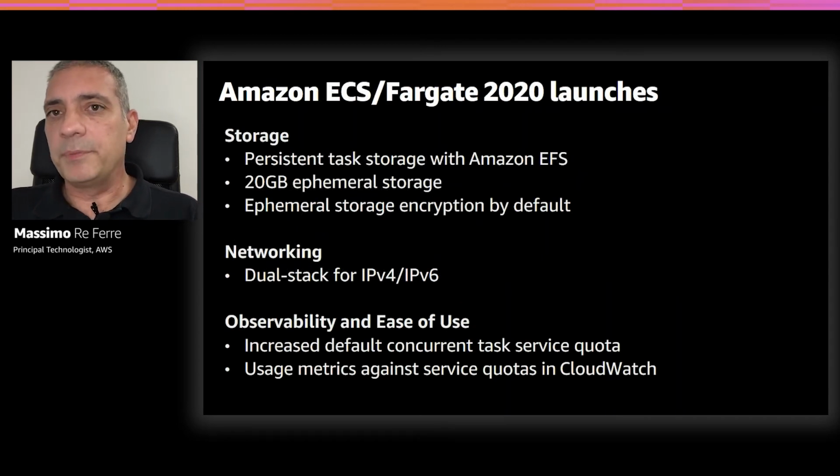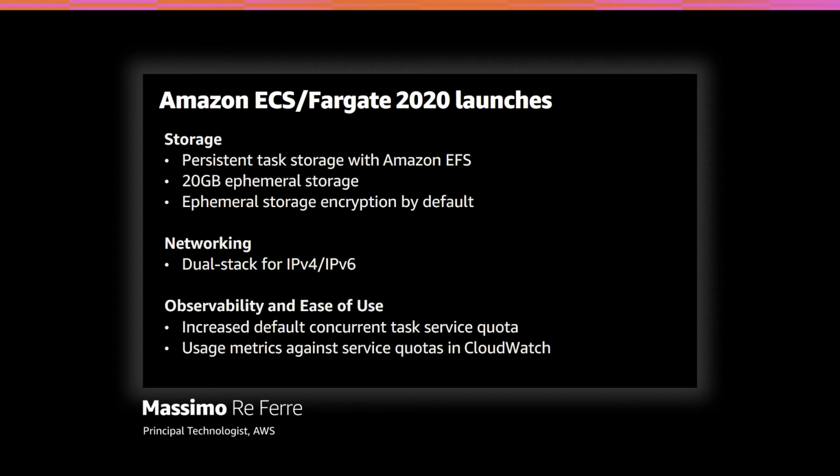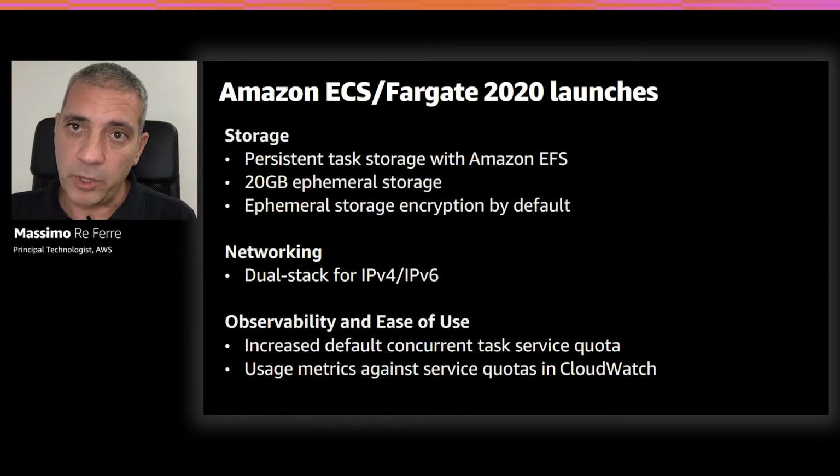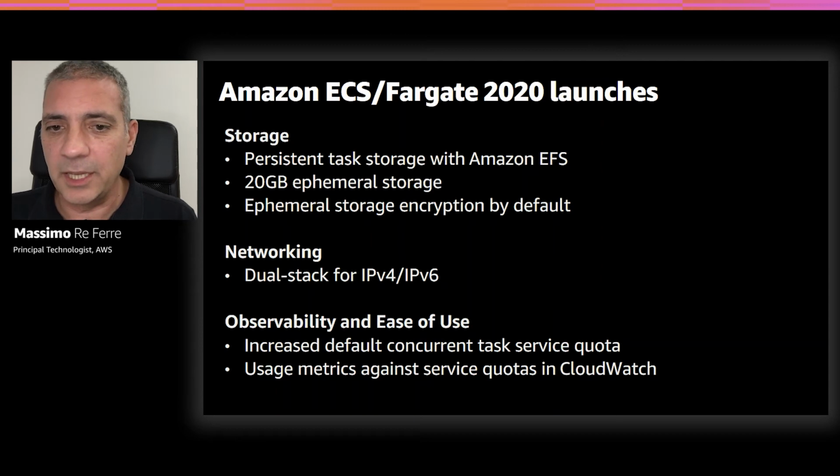Just to wrap up this part of the session before leaving the stage to Greg, these are some of the feature launches that we made available in 2020 for ECS Fargate. We have increased the flexibility for storage. We added support for EFS. We increased the task storage to 20 gigabytes of ephemeral storage, by default for all of the tasks that you're running.